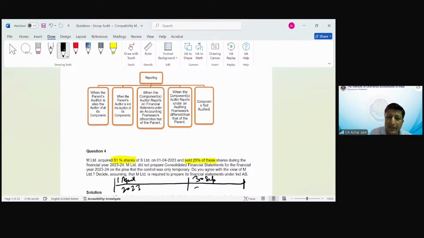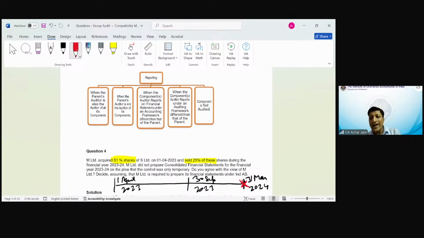So it's 23, and this is 31st March 24. So when do you prepare the CFS? 31st March. Correct? But as at 31st March, there is no subsidiary. So they have an argument.